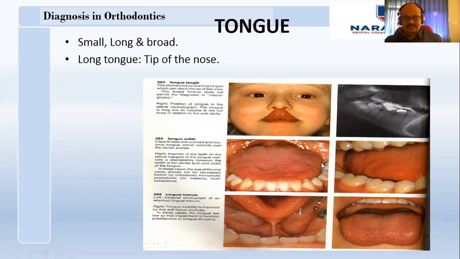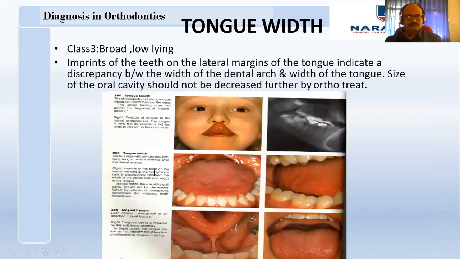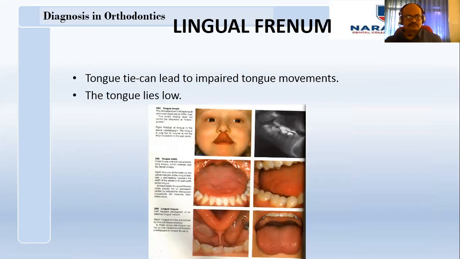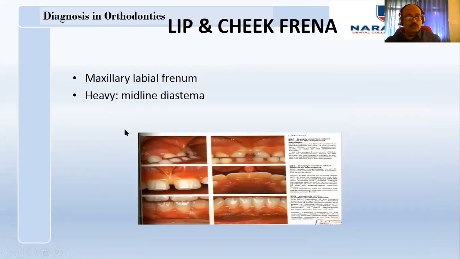These are called indentations from the cusps of the posterior teeth. Likewise, there are restricted movements due to the lingual frenum. The tongue lies low.